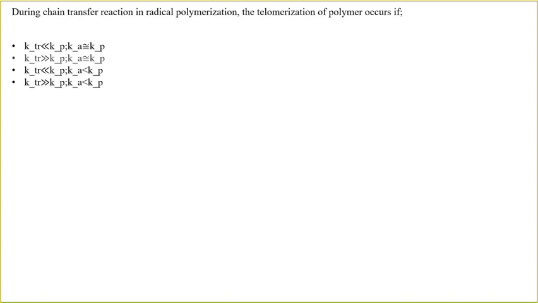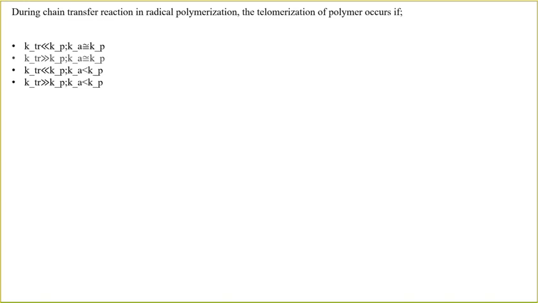So it is quickly jumping to other monomers before it can grow up to a certain length. That is called telomerization of a polymer, which means it is forming small polymers and propagating rapidly.